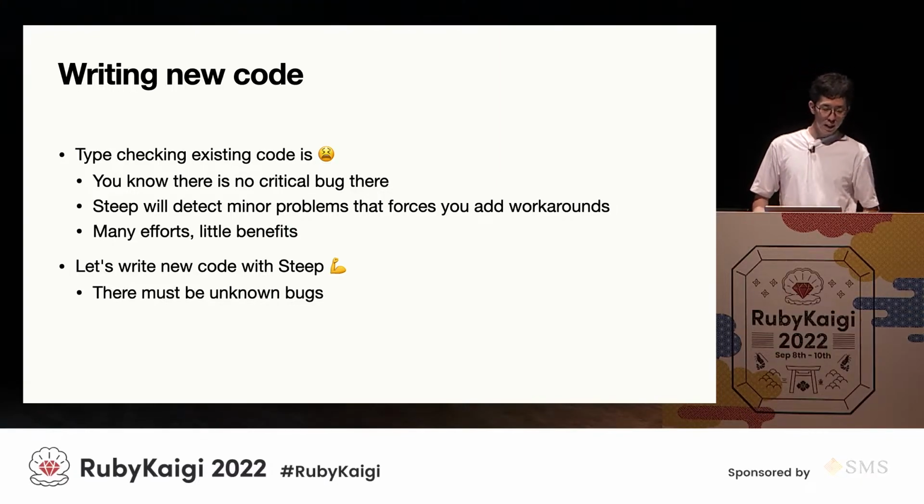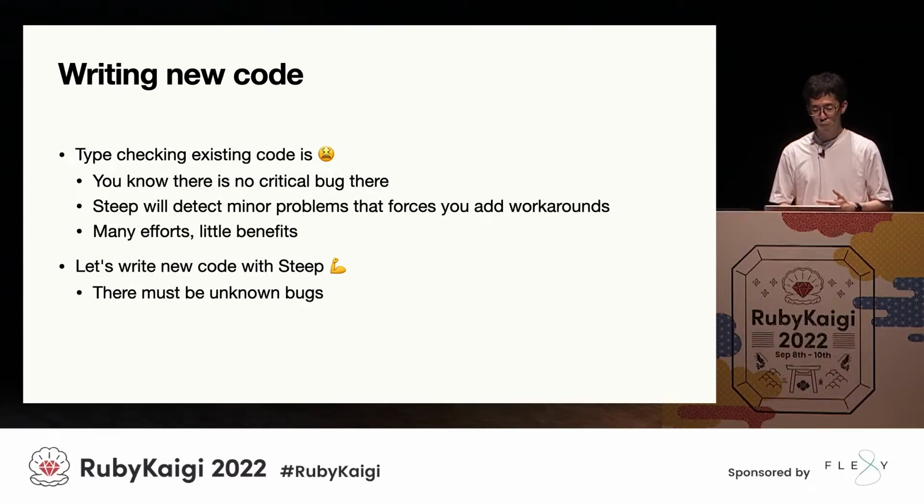So then I want to explain how we can write new code using the type checkers. I found that type checking the existing Ruby code is not a very good experience, because you know that there are no critical bugs there.